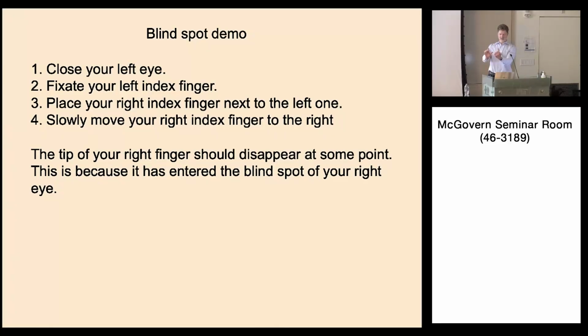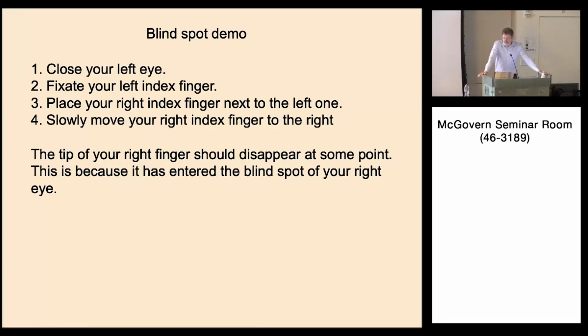So you'll reach this place where you can't see the tip of your right finger, okay? Yeah, it's pretty cool. So the tip of your finger should disappear, and this is because it has entered the blind spot of your right eye. Okay? So hopefully that works for everybody.